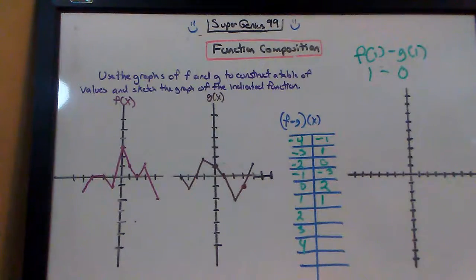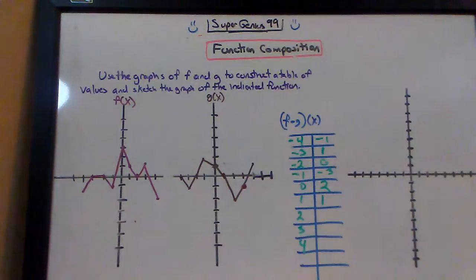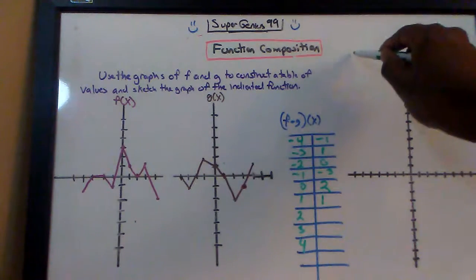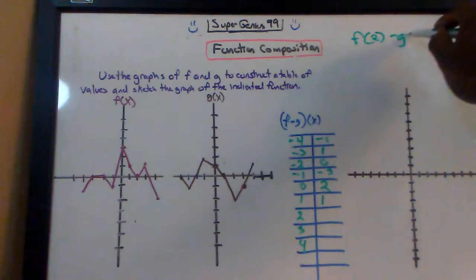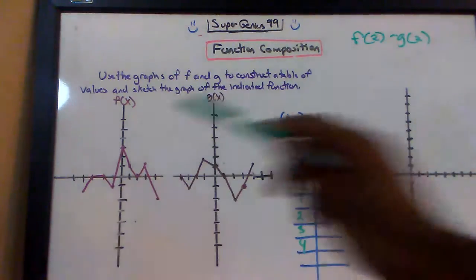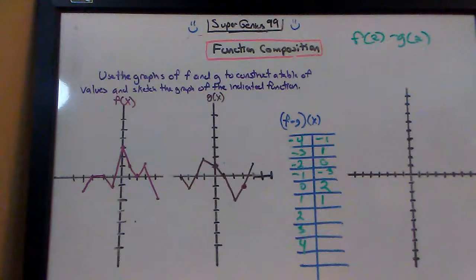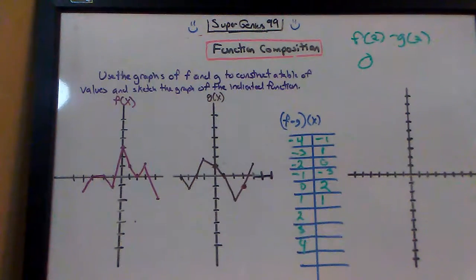Let's do the next one. 2. F minus g at x equals 2. So this translates to f of 2 minus g of 2. When x is 2 in the f function, what is y? When x is 2 in the f function, y happens to be 0. When x is 2 in the g function, what is y?